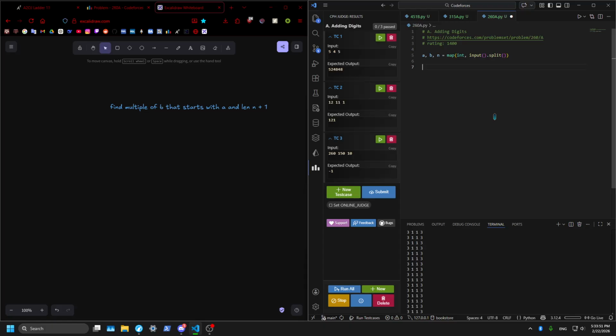So how do we start this? We can either start by finding the length n plus 1, so it has to be length 6.